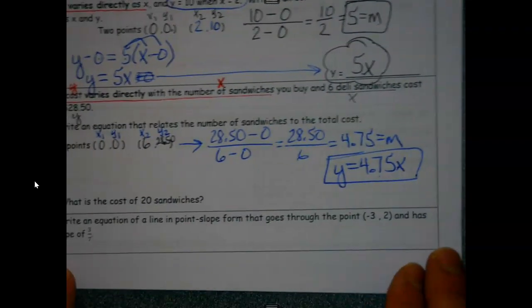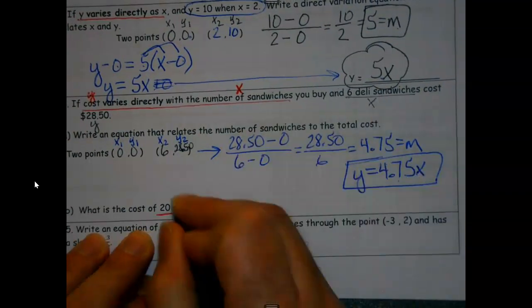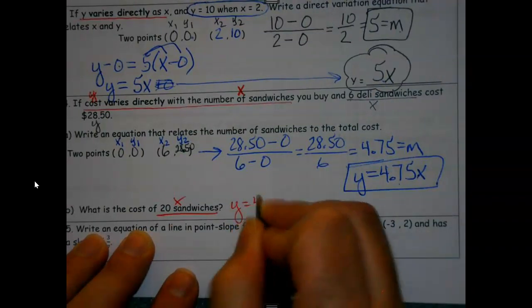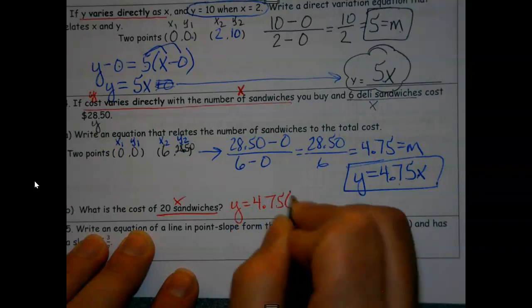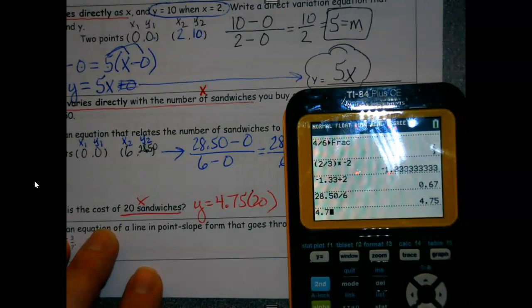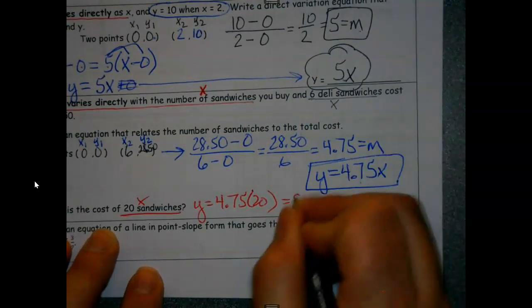So, what is the cost of 20 sandwiches? Sandwiches are x. I'm going to plug 20 in there for x. $95.